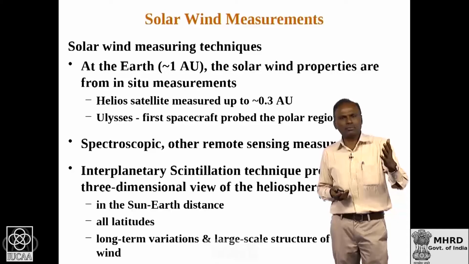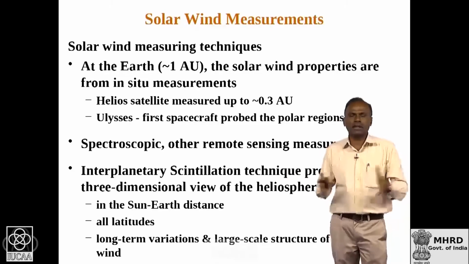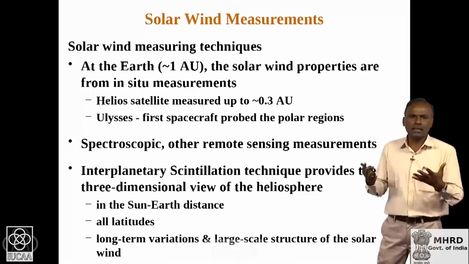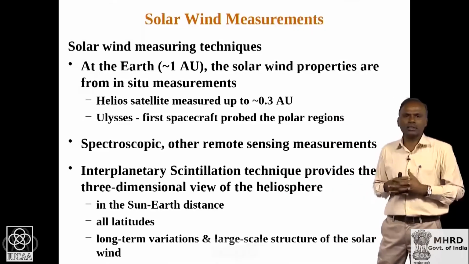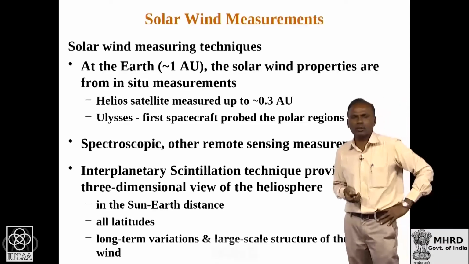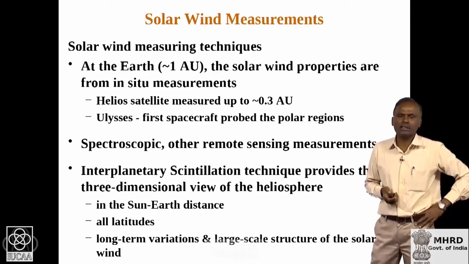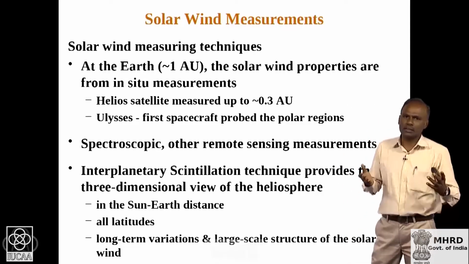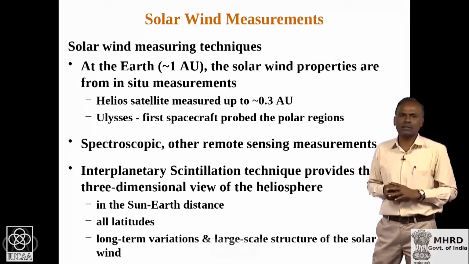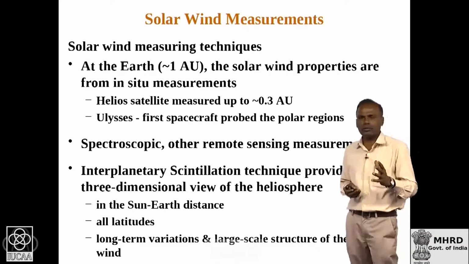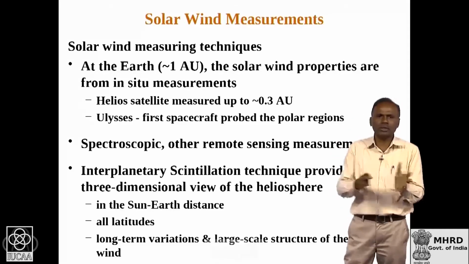For example, in between sun and earth, is there any other method to measure the solar wind speed? So the interplanetary scintillation technique is used to infer the properties of the solar wind in the distance from sun to earth.